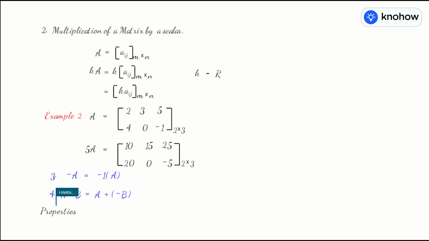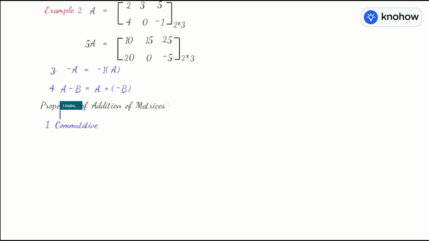Now next, properties of addition of matrices. The first property is the commutative property, commutative law. What is the commutative property? That if A and B are two matrices, of course A plus B should be defined, then A plus B is the same as B plus A. Order does not matter.